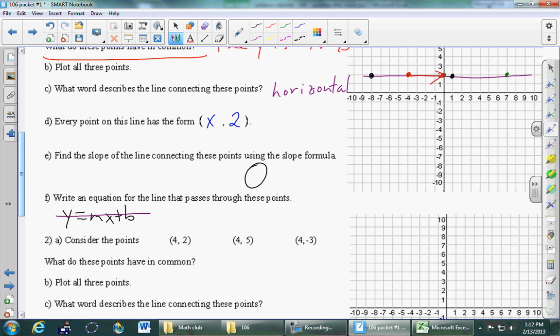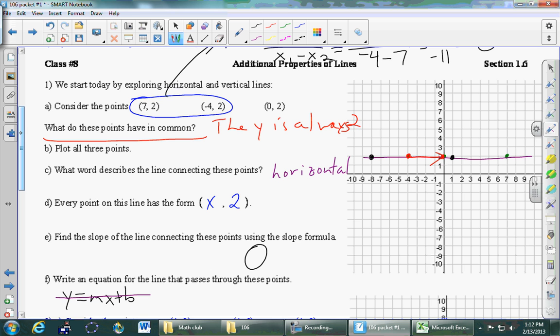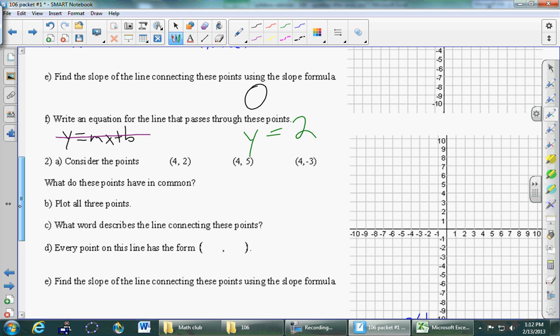Again, what was the defining characteristic about every point here? The y was 2. That's the equation we need to write down. The y is always 2. How do you write that as an equation? y equals 2. That is how we say y is always 2. So the equation of that line right there is y equals 2.